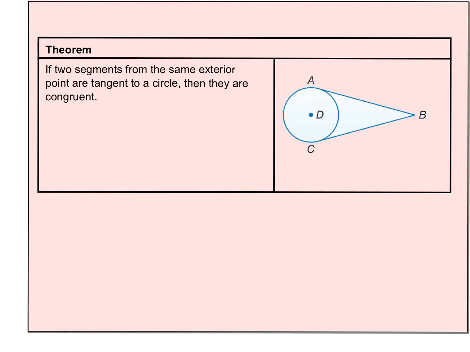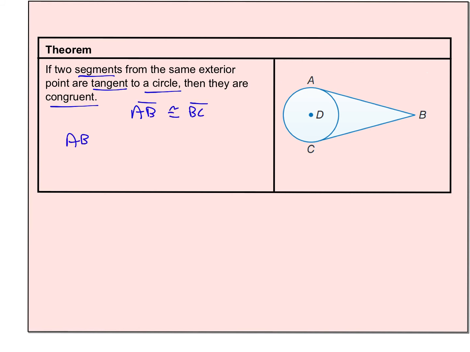Okay, so another kind of application here is if I have two segments that are both tangent to the same circle, those tangent segments are congruent. Okay, so here, AB is congruent to BC.